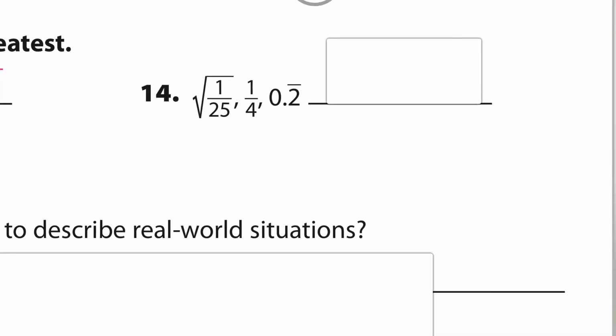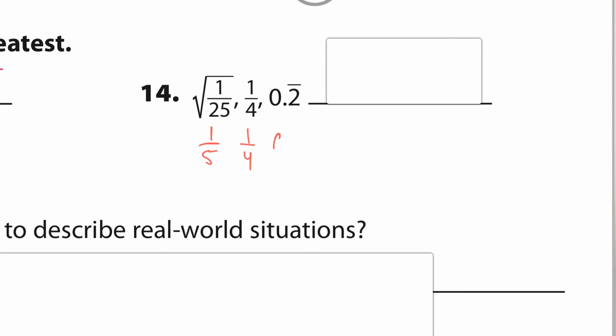Okay, and number 14, the square root of 1 over 25 ends up being 1/5, right? Because the square root of 1 is 1 and the square root of 25 is 5. And then this is 1/4, and then this is 2/9. And you know what? Probably I should have just kept that as a decimal. That would be easier to compare.